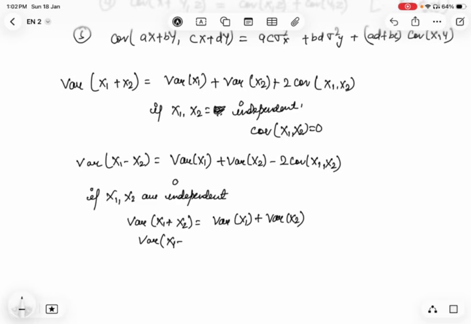So variance of x1 minus x2 is also equal to that.